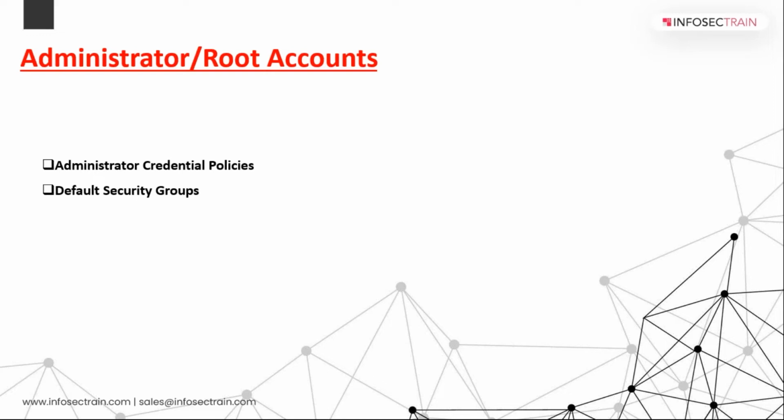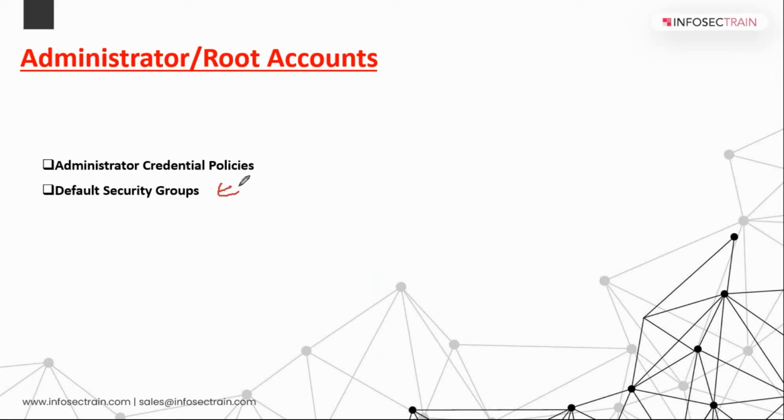Okay, now the second one is your default security group. So what do we do inside this? Let's say there are 50 employees in an organization. Now, which will be better?